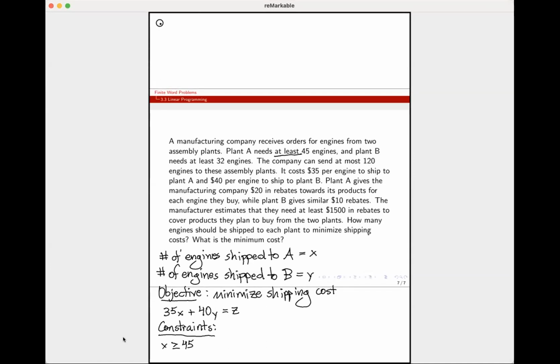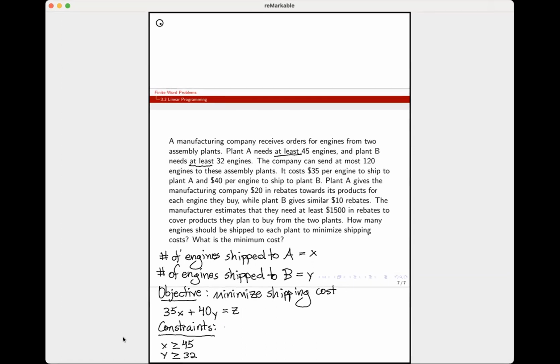They'd still be happy if it were equal to 45, but it can't be any less than that. So that's why I picked a greater than or equal to there. The second at most or at least statement I see is right here, and it says plant B needs at least 32 engines. So same sort of thing. The number of engines shipped to plant B ought to be bigger than or equal to 32.